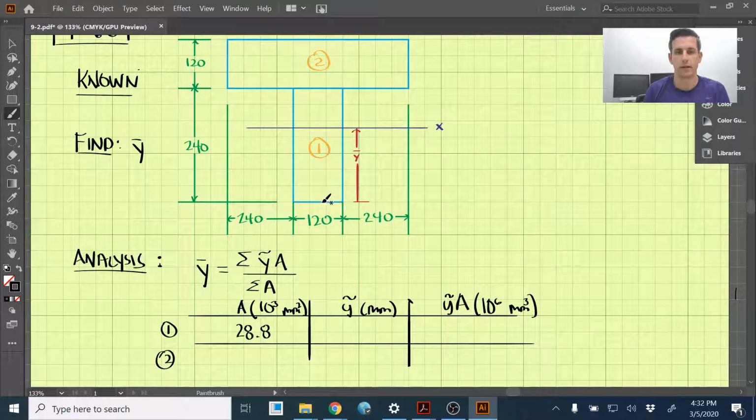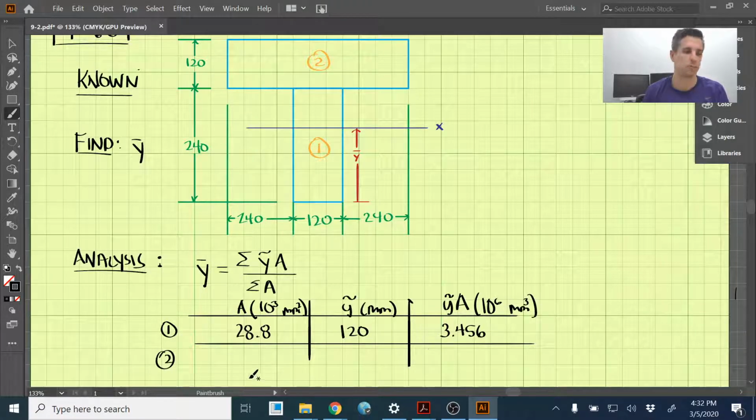Y tilde, that's the distance to the center of this shape, in this direction. So we have 240 as the total length, so that's going to be half of that. So we have 120. And then we multiply these two together, and we get 3.456 times 10 to the 6 millimeters cubed.